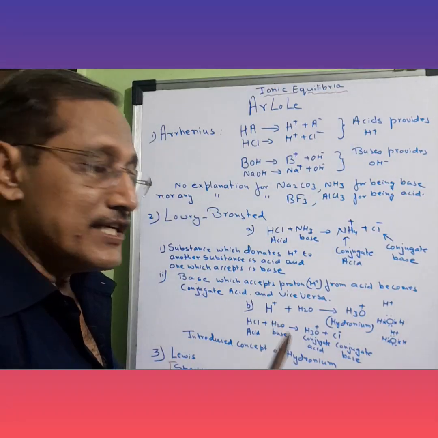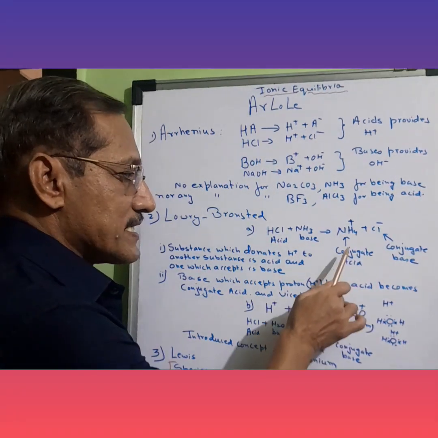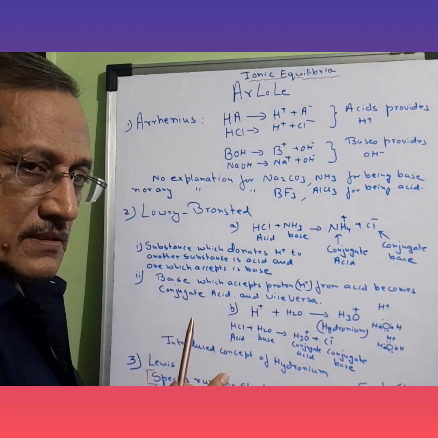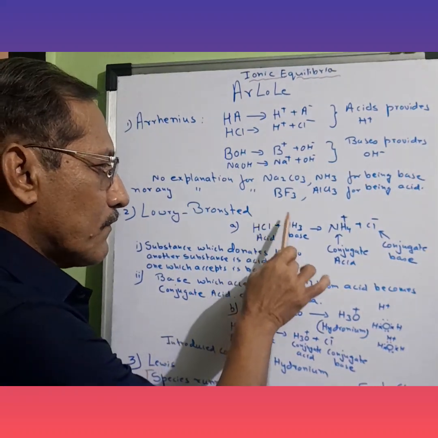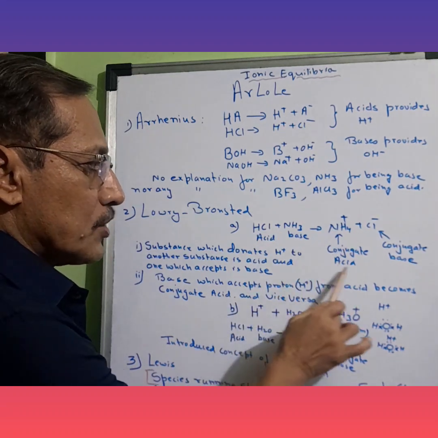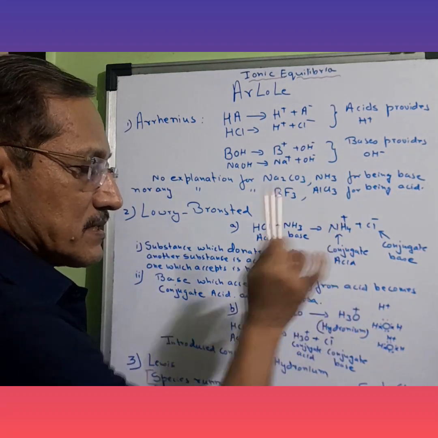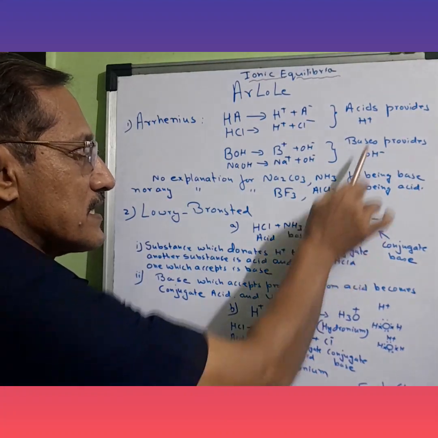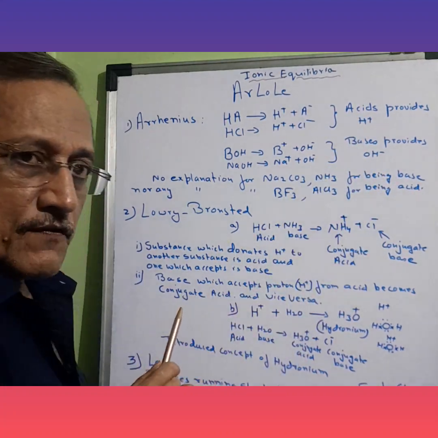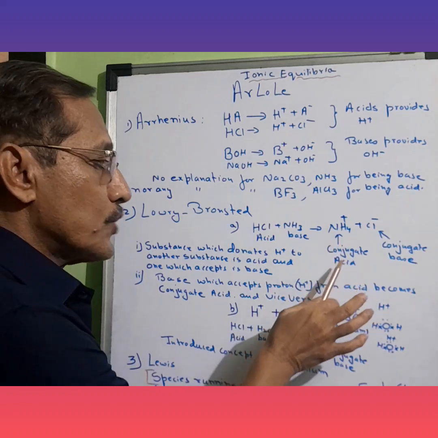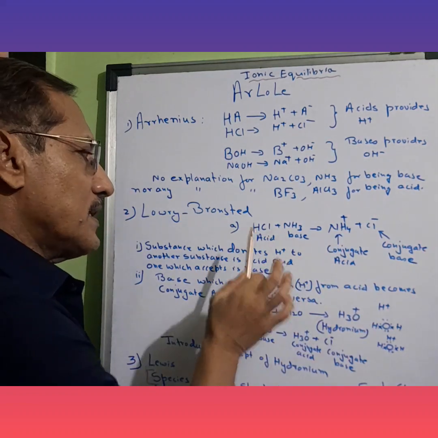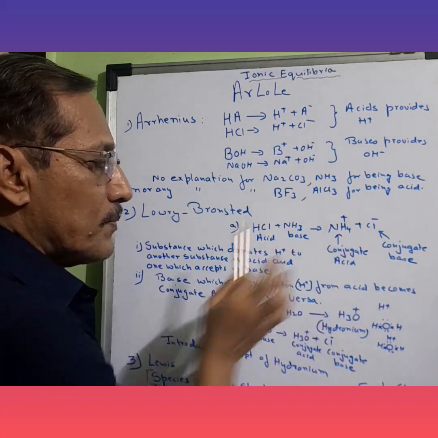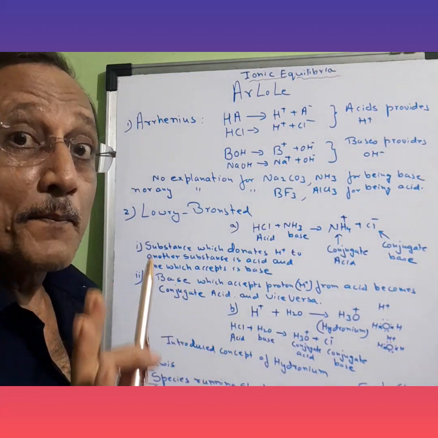Another concept that he introduced was of conjugate acid and conjugate base. Now ammonia is a base. It accepts a proton from HCl and forms the conjugate acid, NH4+. So it forms an acid, but a conjugate acid. Similarly, HCl, which was an acid, gave out its proton and formed Cl−, a conjugate base.